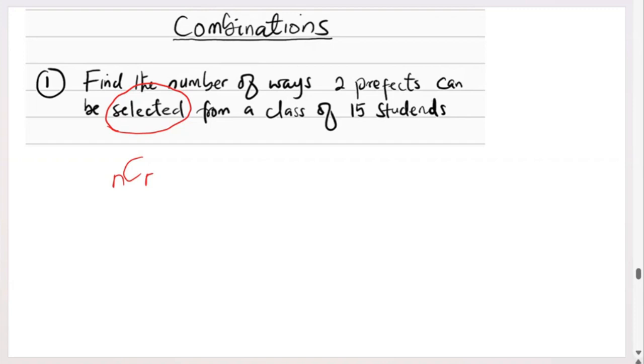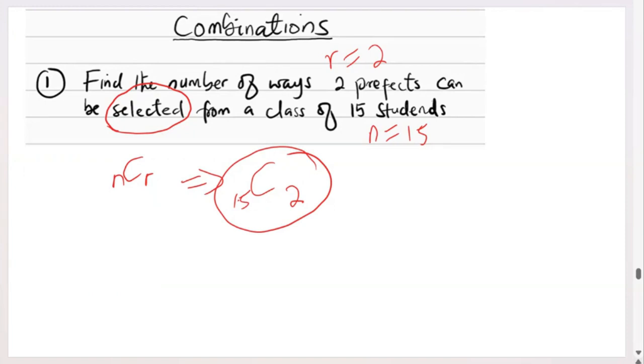I'm just selecting 2 prefects. That selected is already telling you that you are using combination. It is from a class, so your N is equal to 15, and then your R is equal to 2.